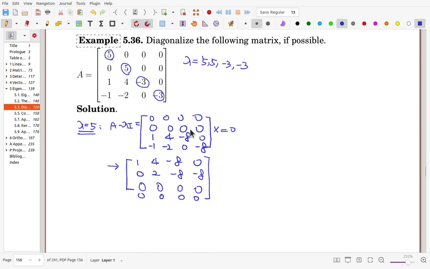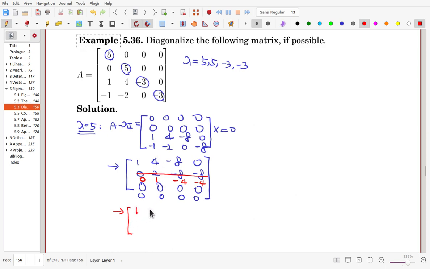Let's overwrite, so that there is a 0, 1, -4, -4. From the first row, we subtract 4 times the second row to make it 0.